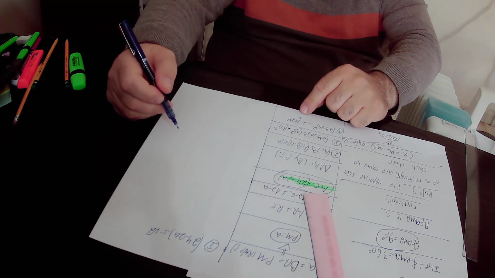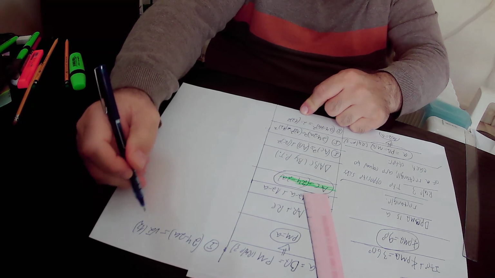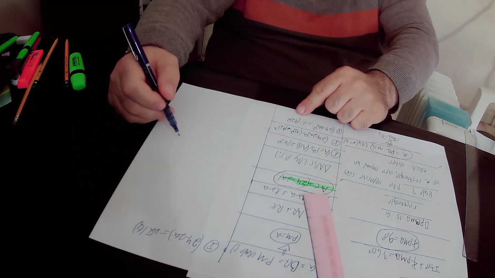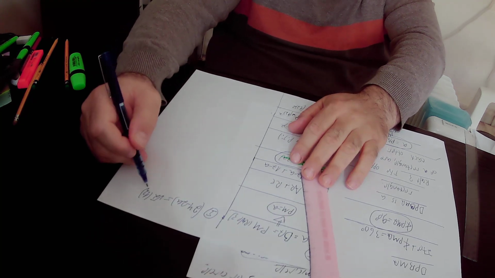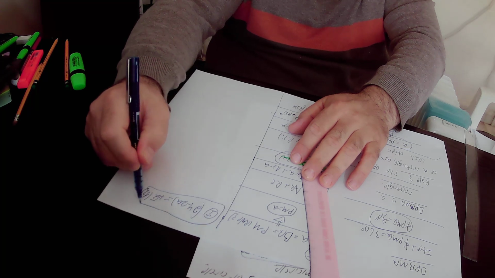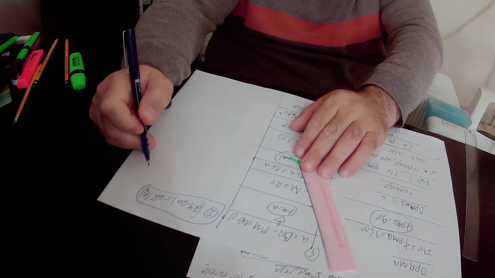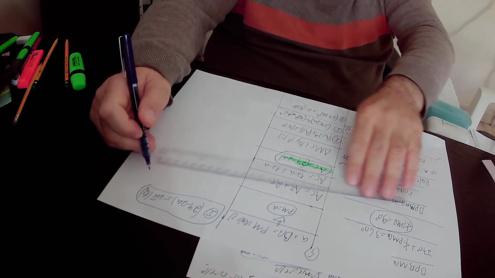The square root of 12 squared is 12. Why? Because the root cancels the square and we are left only with 12. So in conclusion, according to equation number 1, 24 minus 2A equals the square root of 2 times 12.